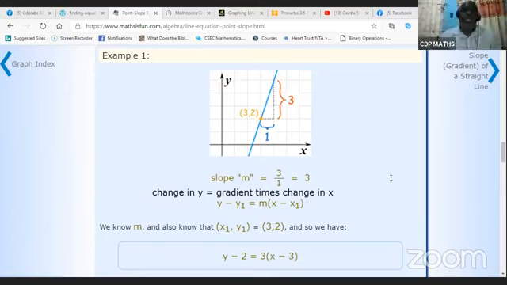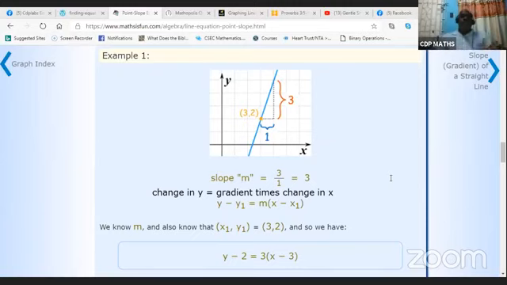Change in a Y is equal to gradient time change in a X. If you want to write that part, write that part. Not a problem. So change in y is equal to gradient times change in x. Same thing. So that's the point slope form.